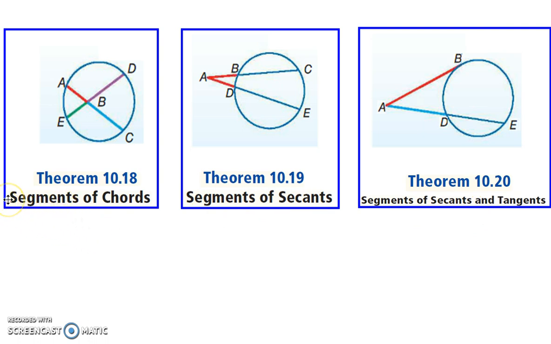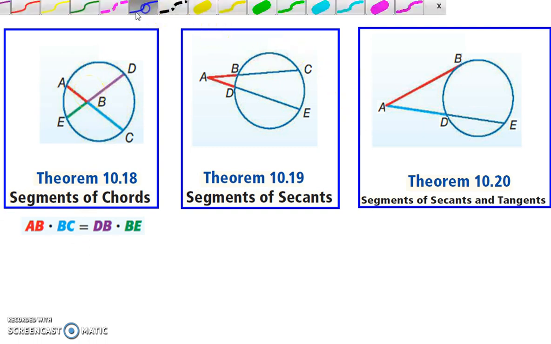And if you look at this segment right here, kind of cool. You take this segment AB, and AB times BC is equal to EB times BD. So this segment times that segment is equal to this segment times that segment.